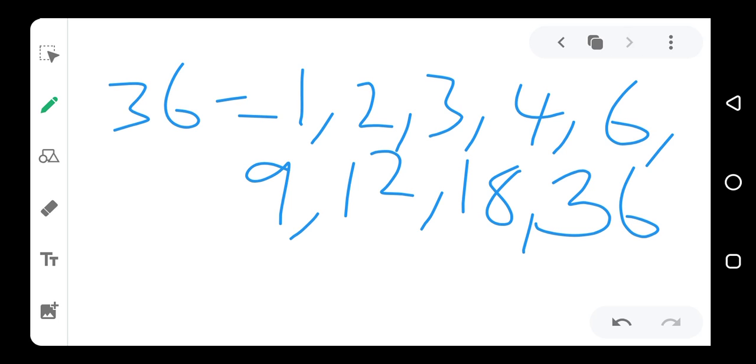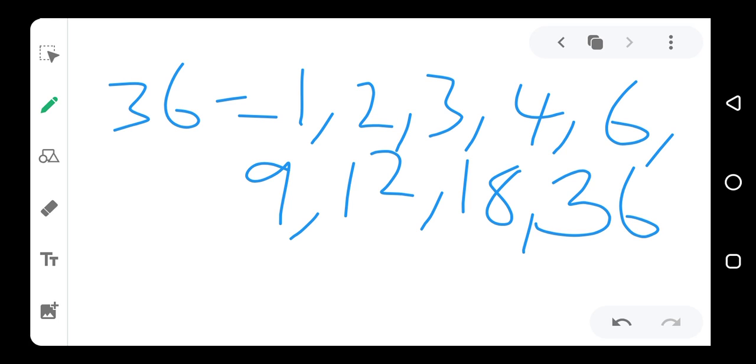By just looking at it, 9 times 4 gives us 36, and 9 minus 4 gives us 5. So we have plus 9 and minus 4.